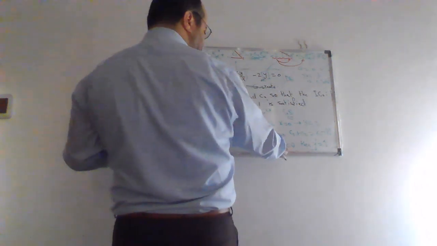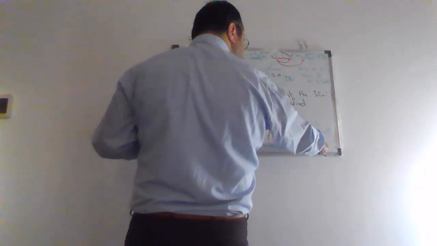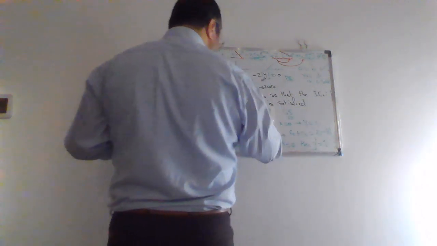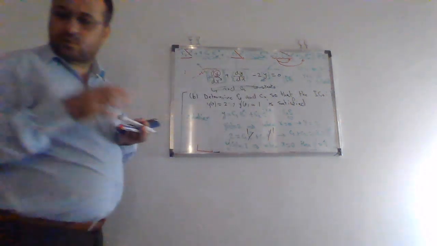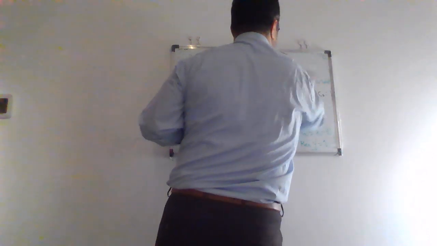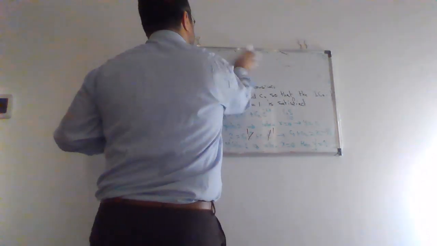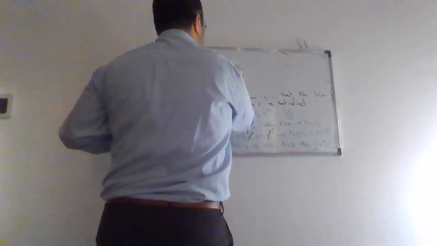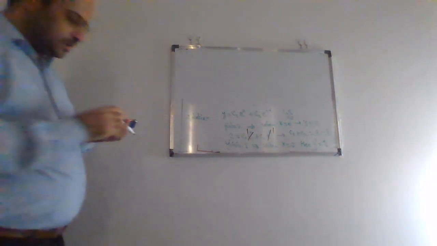This means you replace x with 0 and you get information about y prime. But I don't have y prime, I need to find y prime first. So first find y prime. Let me show you how to proceed with this. So here is what you need.